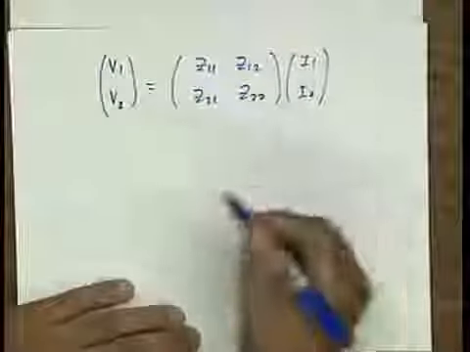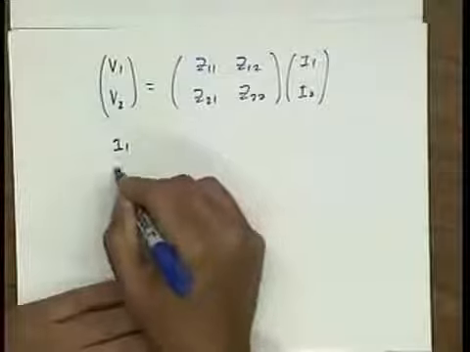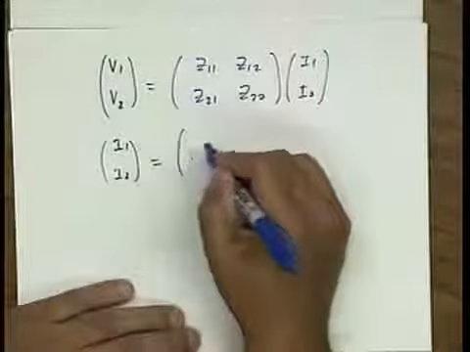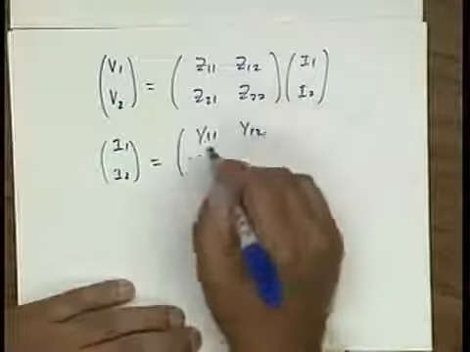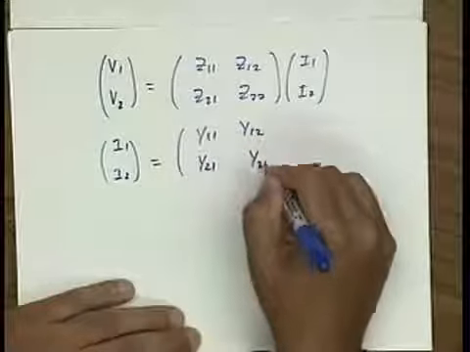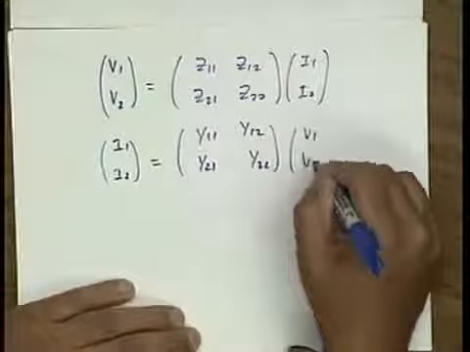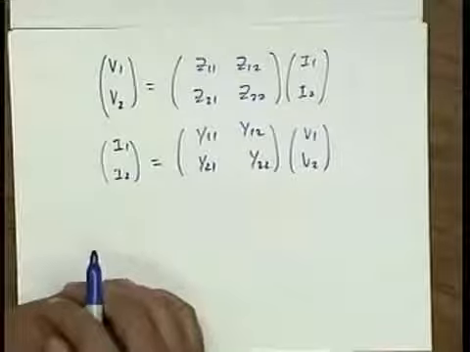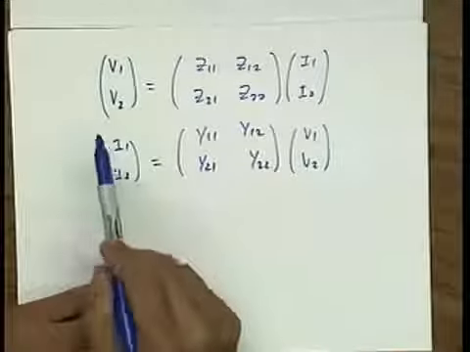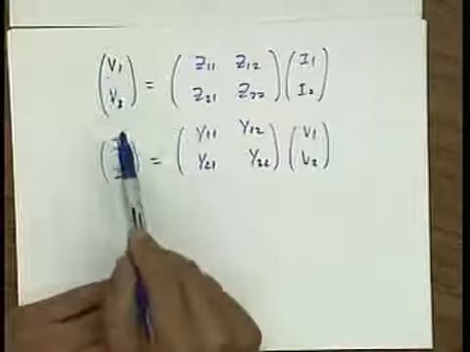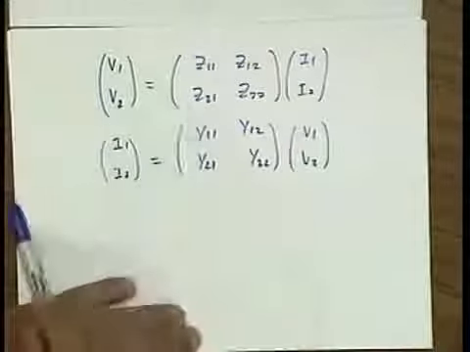And if this matrix is non-singular, we can also invert it, or in other words, use Y parameters. And we don't necessarily just have to use voltages on one side and currents on the other side.